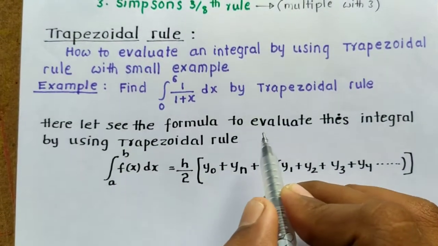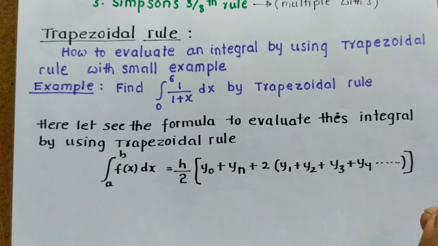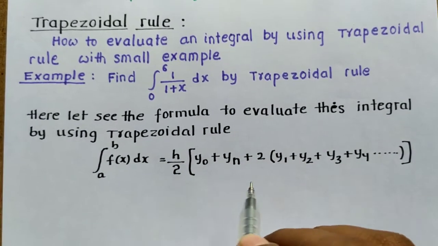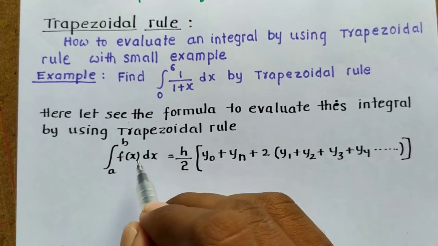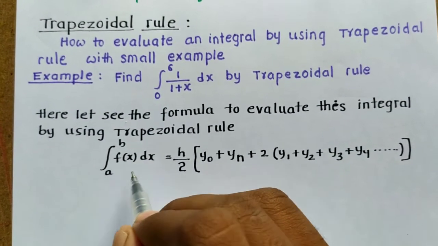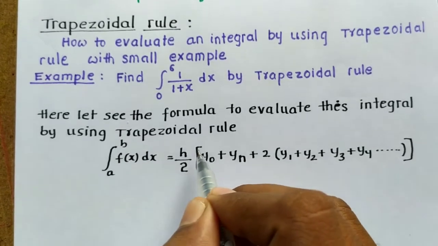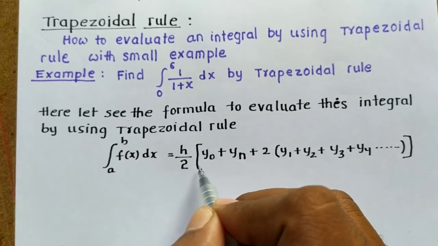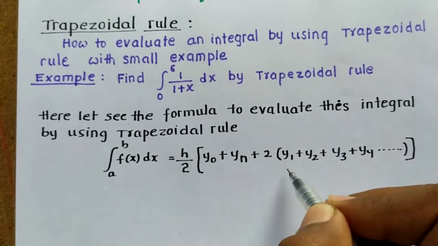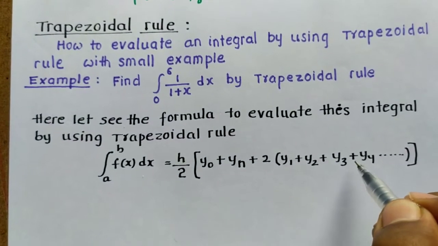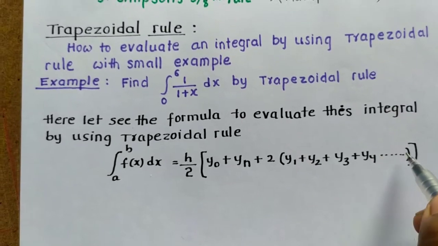The formula for the trapezoidal rule: the integral from a to b of f of x dx equals h by 2 into y0 plus yn, plus 2 into y1 plus y2 plus y3 plus y4 and so on.